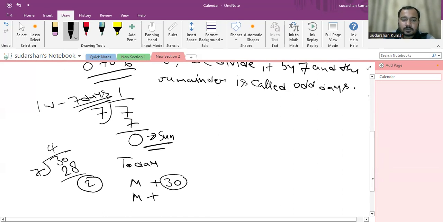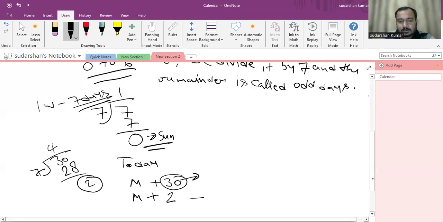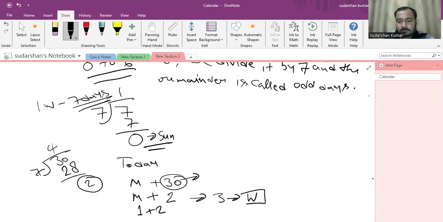What is the meaning of 30? In 30 days, there are 4 weeks that have been completed, and 2 days have remained that are called odd days. So we add this 2 with Monday. What is the code for Monday? It is 1. 1 plus 2 equals 3, and 3 means Wednesday. So after 30 days from Monday, we get Wednesday as the day of the week.